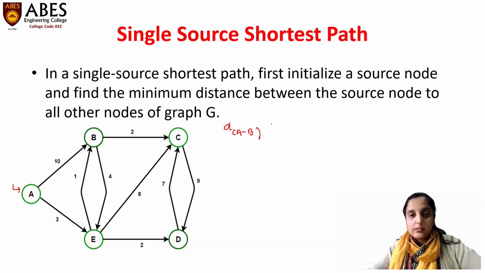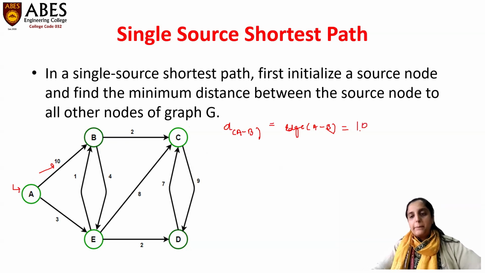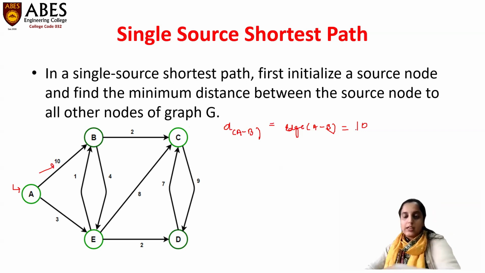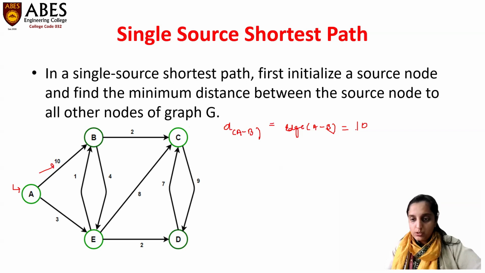I'm saying shortest distance. As you can see, there is one direct edge going from A to B, and its distance is 10. So I can take edge A, B, which will give me cost as 10. But is it a shortest distance, or a minimum cost that I can bear on this particular route?